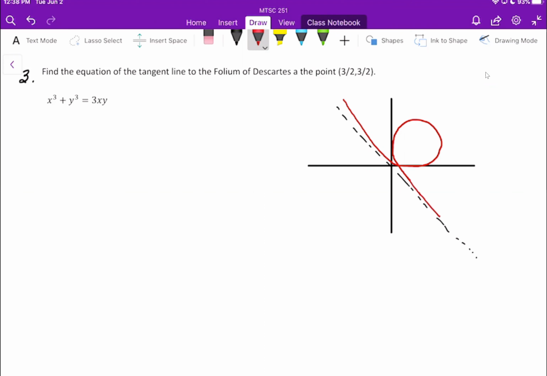So it looks similar to that. It's the folium of Descartes. And we want to find the derivative at the point 3/2, 3/2.